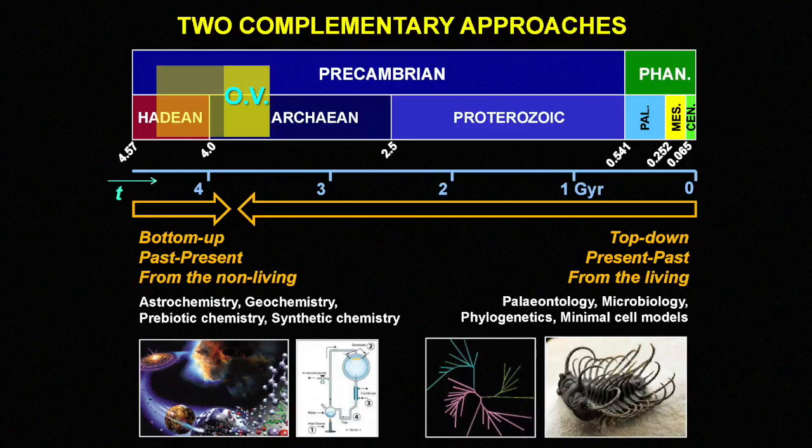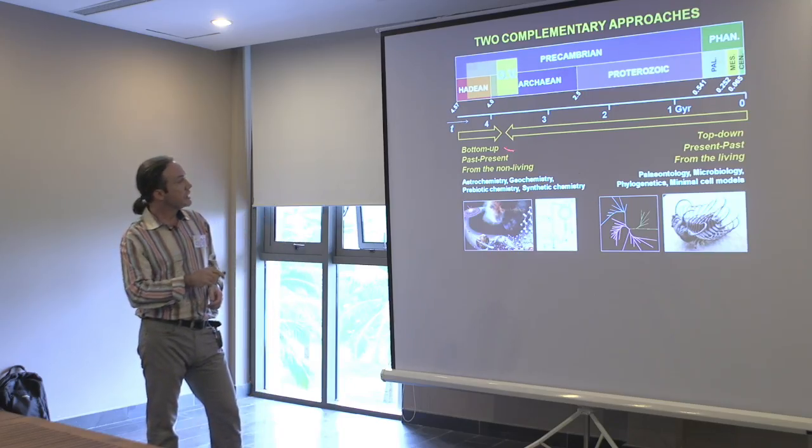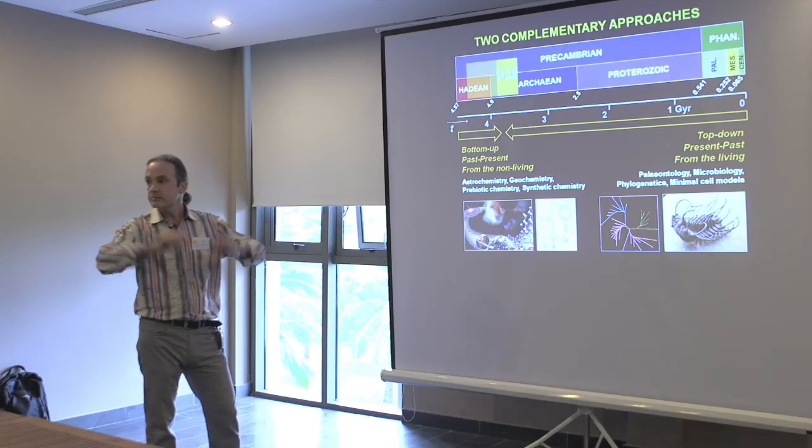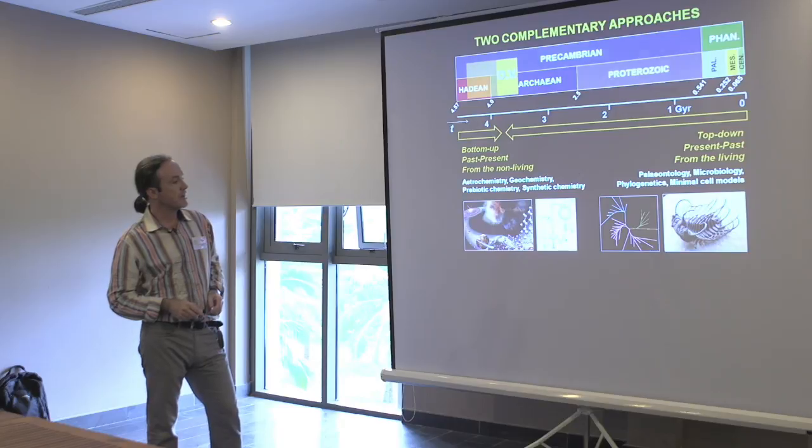And we have the opposite approach, the top-down approach, or from present to the past, or from the living. This is the typical way paleontology works, also microbiology, phylogenetics, and the models for minimal life. And they have to reach the same time, more or less, the time corresponding to the origin of life.